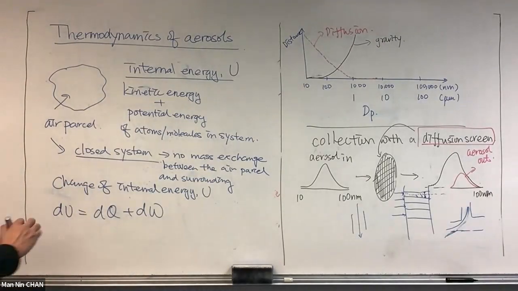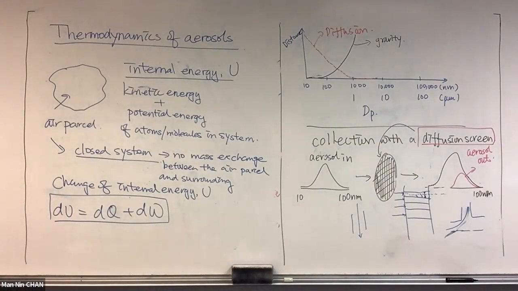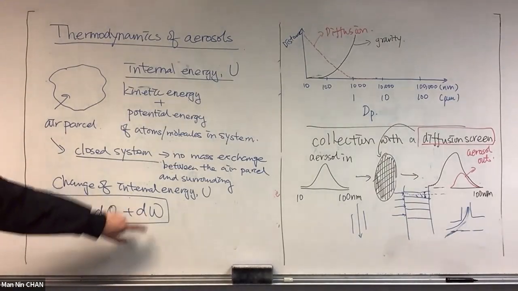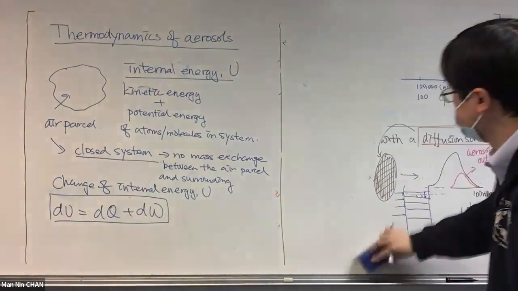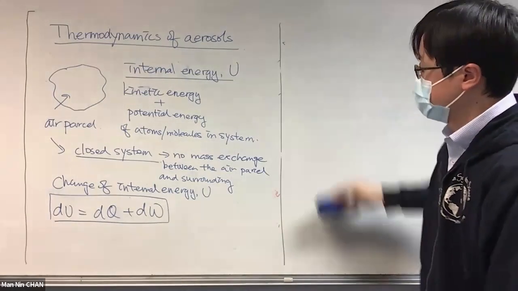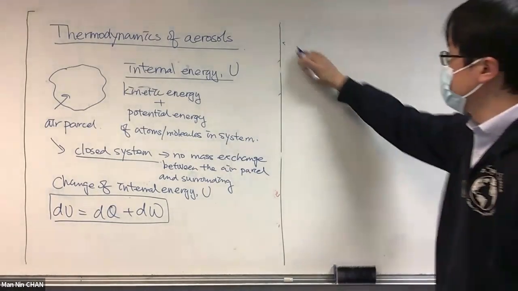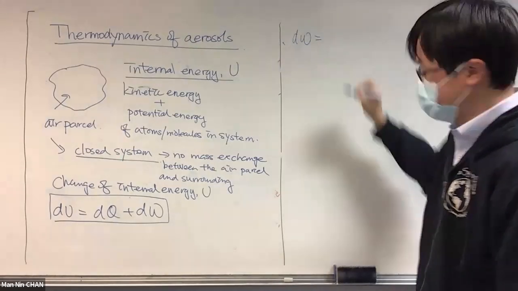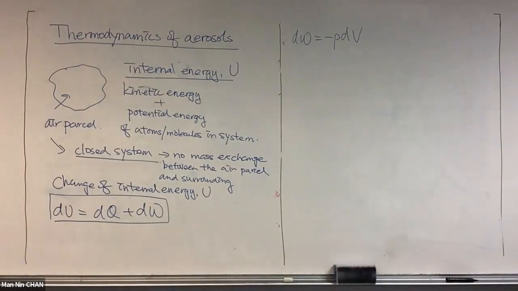I think you got this before. Q means the heat flux, the heat, and W is called the work done. When we say there's a work done, I think you have seen this equation before: work done equals minus P times dV.